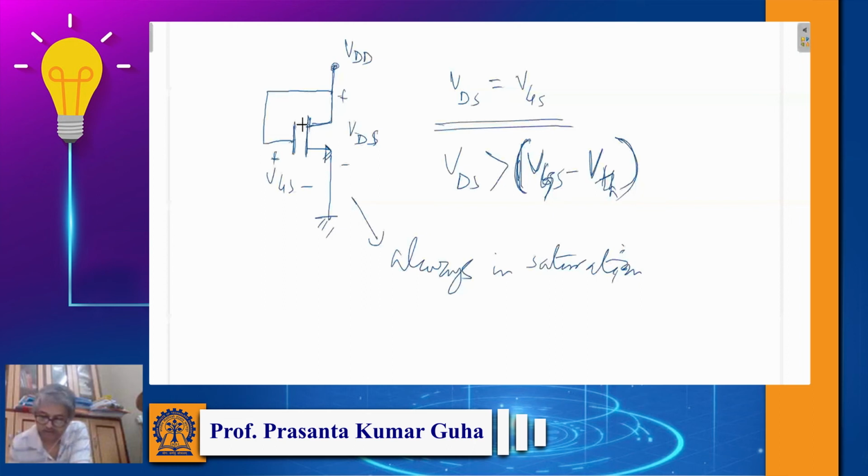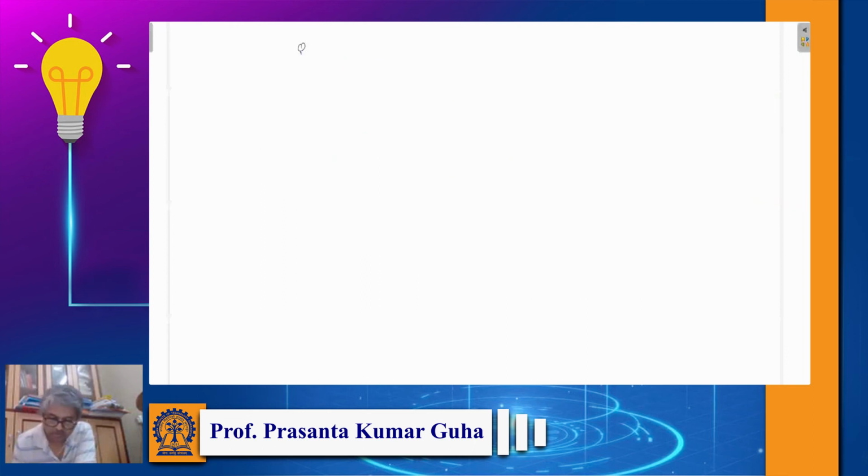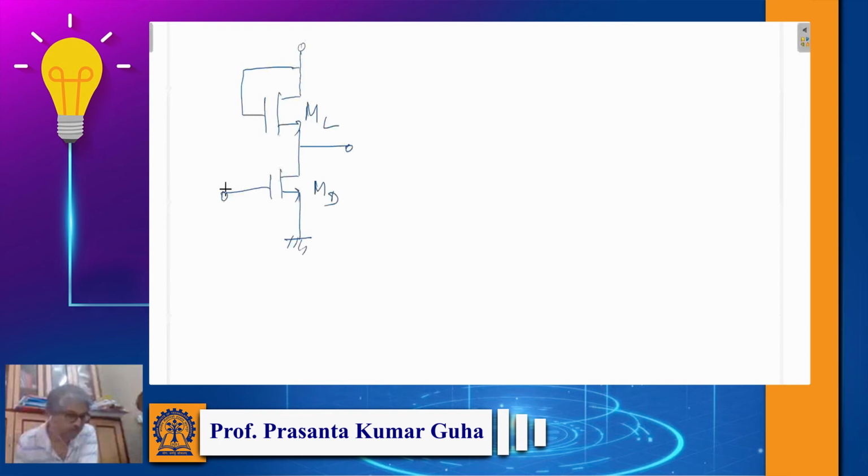You will also probably come across this another configuration I would like to discuss. Here you see the top MOSFET, say ML, and the bottom MOSFET, say MD, and I'm applying an input voltage Vi, and this is your VDD.